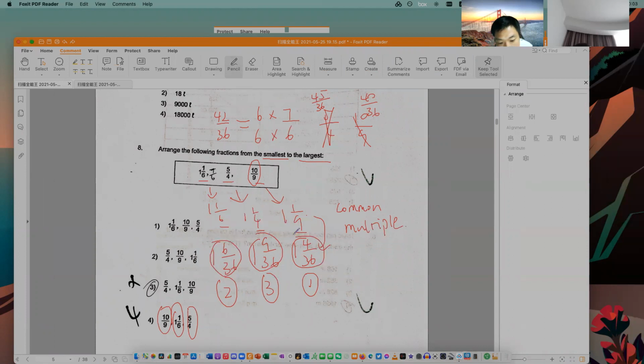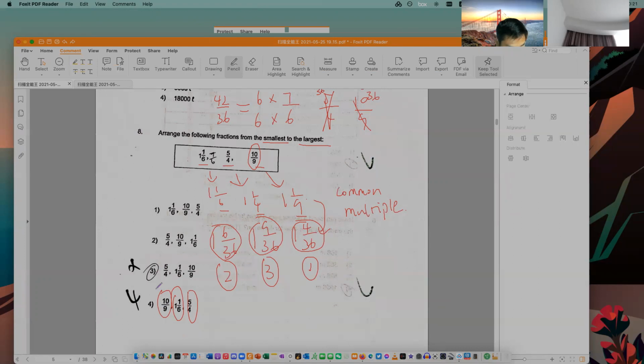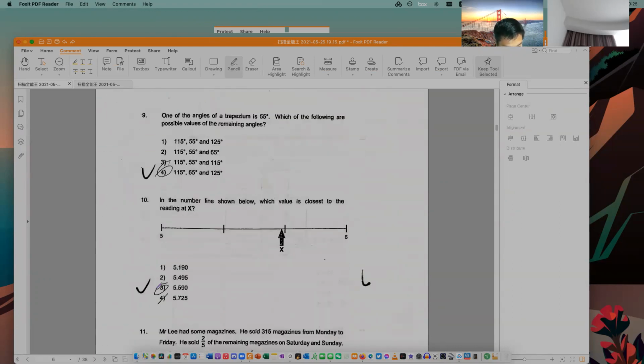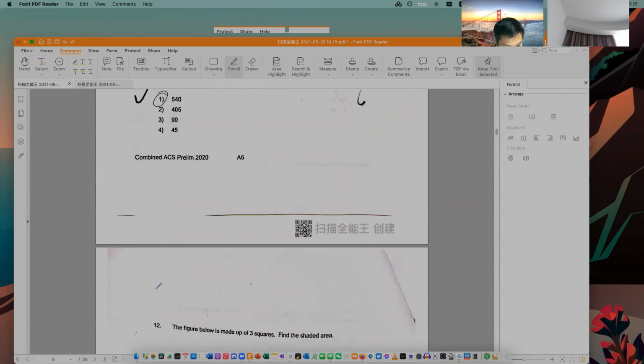So if you do it this way, the mixed numbers are simpler. So when they are simpler, it's easier for you to compare. Over here, the numbers are slightly bigger, more complicated. So I will say this mistake is quite unnecessary also. Next. Okay, the rest are good.